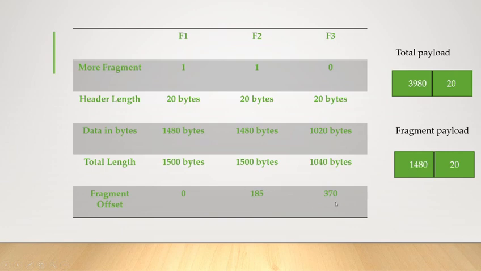Similarly for fragment 3, we already received the fragment 1 and fragment 2 payloads, so we add both F1 and F2 payloads and divide by 8, and we get 370. This is how the fragmentation of our datagram in Internet Protocol version 4 takes place.